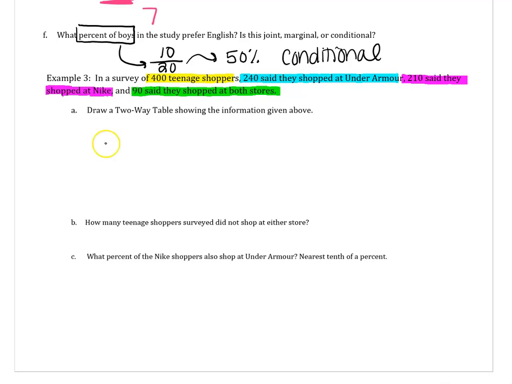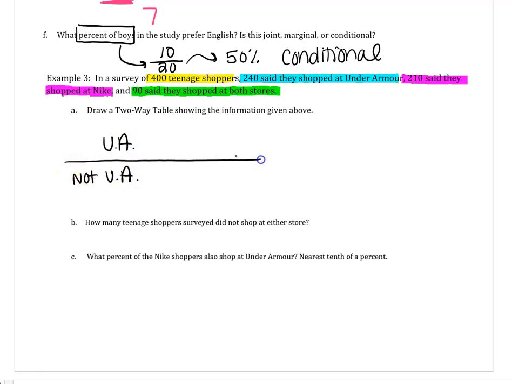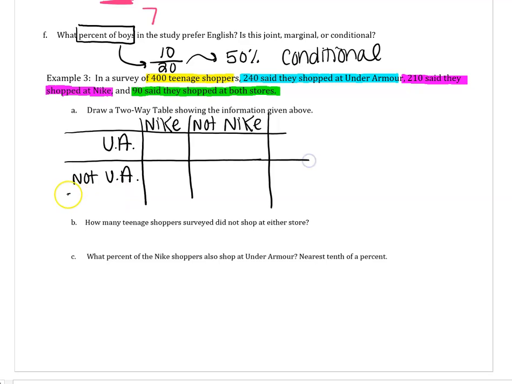So what we're going to do is draw our two-way table. We've got Under Armour, so I'll just write this as UA, and then I'll just write not UA. So that means you're not shopping at Under Armour. Then we've got Nike versus not Nike. So you do not shop at Nike. Now in the margins, keep in mind, these are your totals.